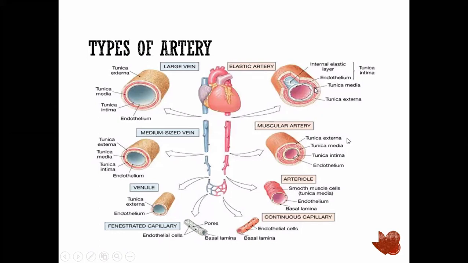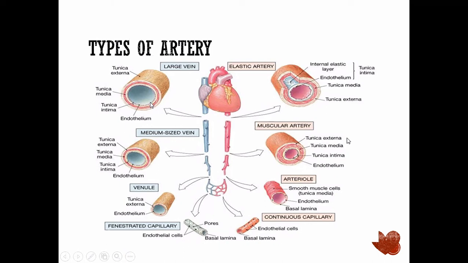And then your externa, as compared to this one here. And then your tunica intima with the internal elastic layer. Here you don't have your internal elastic layer or lamina.